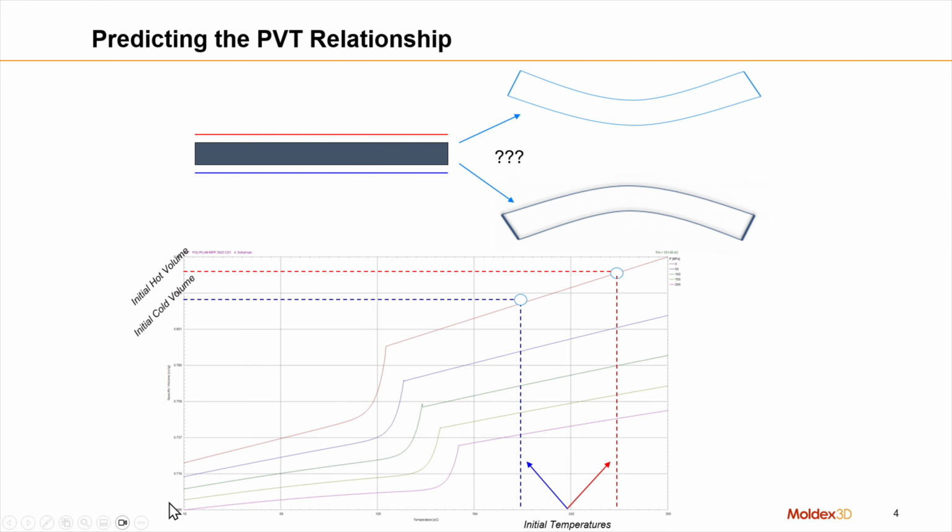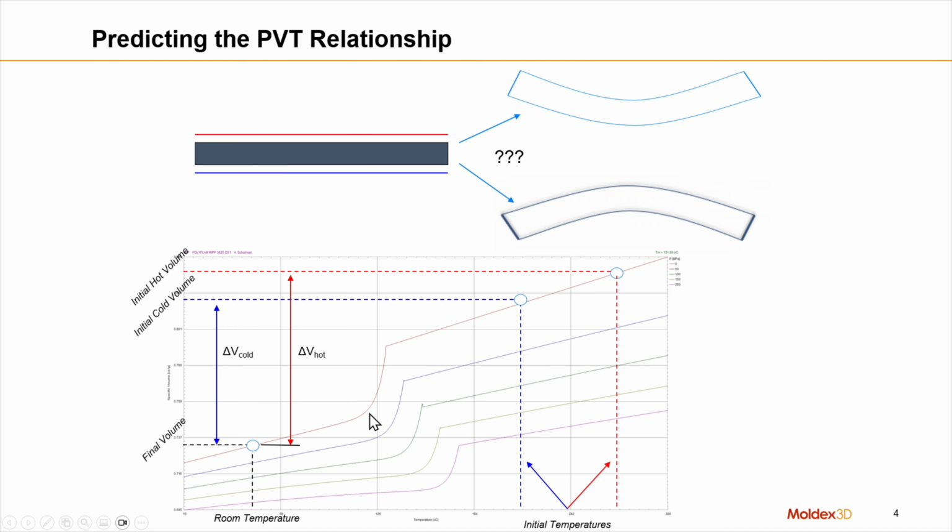Ultimately, when this part is ejected from the mold, it is going to equilibrate down to room temperature. We'll represent the room temperature down here at the bottom left, and that room temperature also corresponds to some volume. Now, the distance we have to travel along the y-axis to get to this final room temperature condition is going to represent our volumetric shrinkage over the molding process.